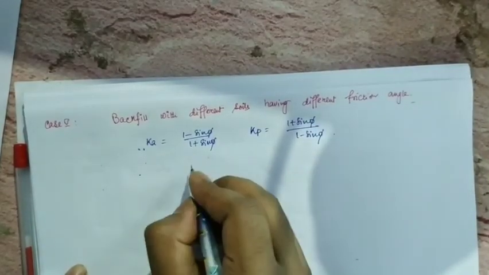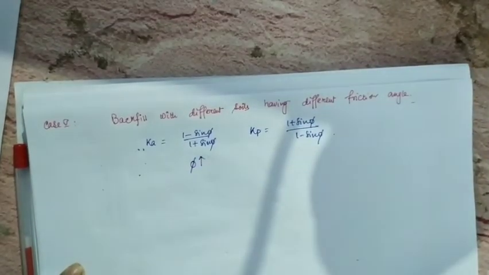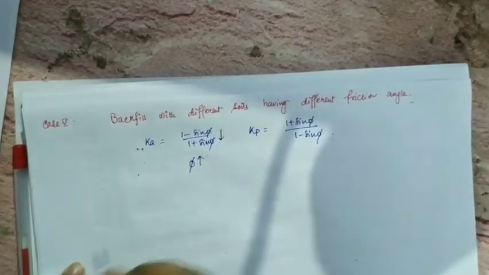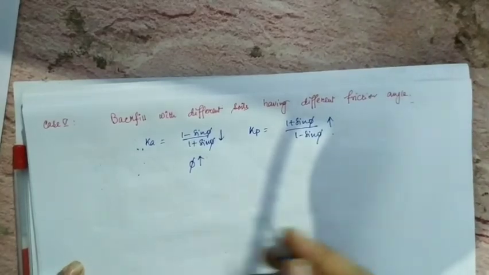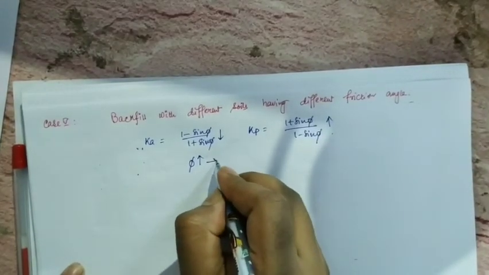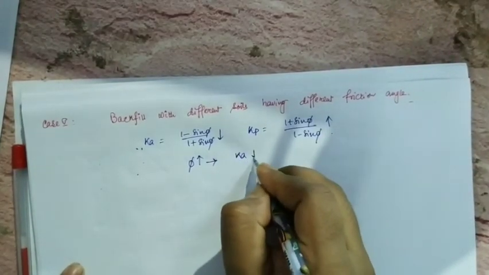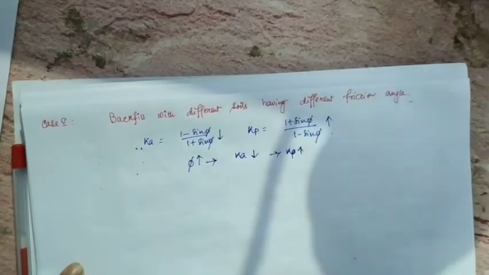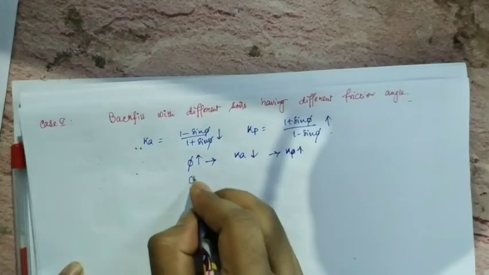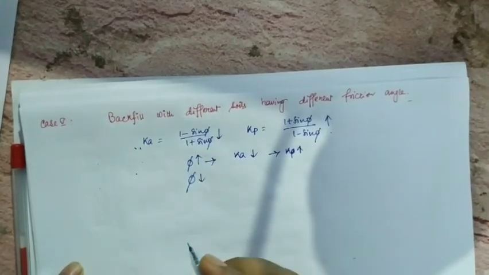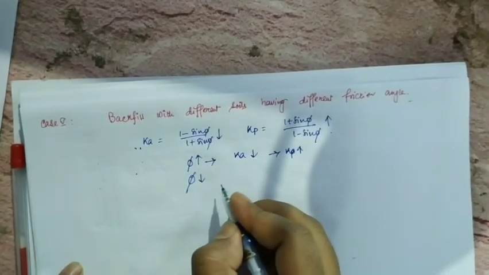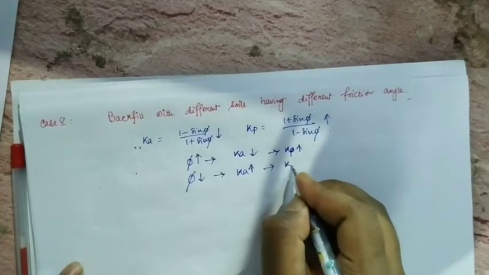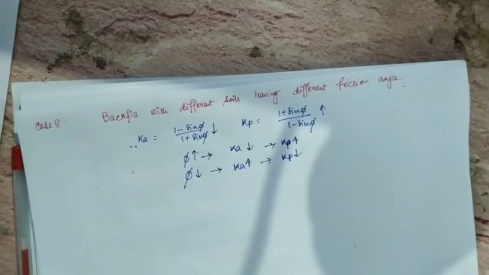So now look, when phi is increasing, Ka will be decreased and Kp will be increased. When phi decreases, Ka value will be increased and Kp value will be decreased.